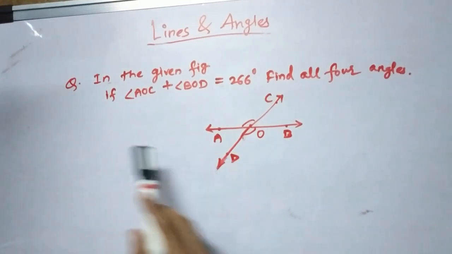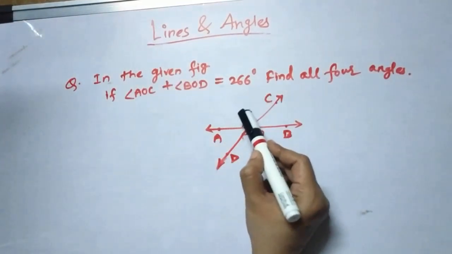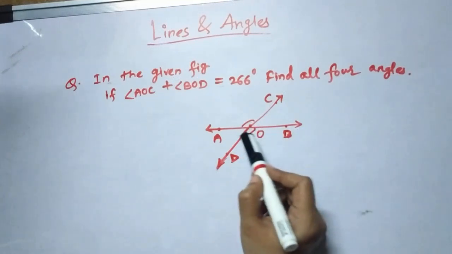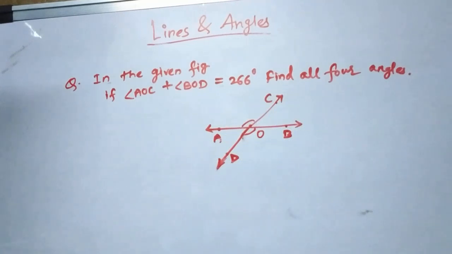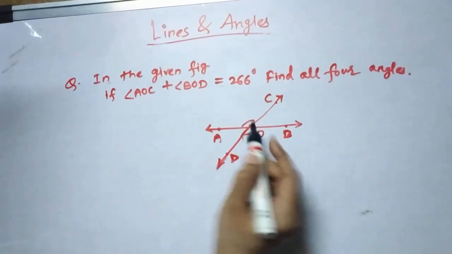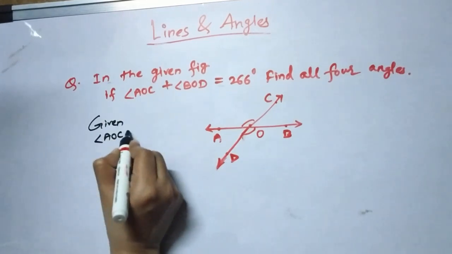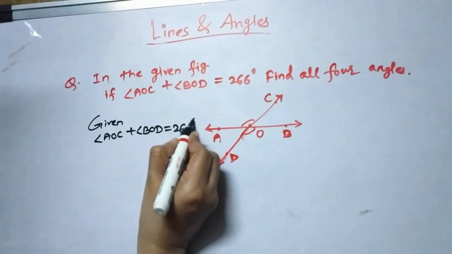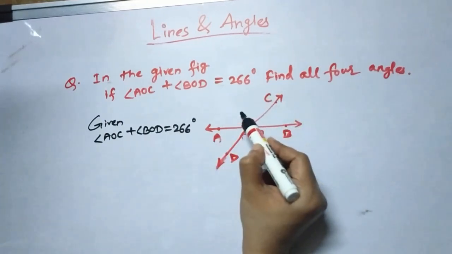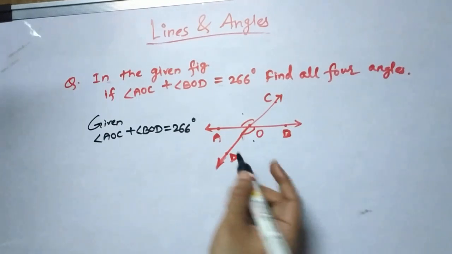So friends, now it is given that in the given figure, angle AOC plus angle BOD is 266 degrees. Find all the 4 angles. We know that given angle AOC plus angle BOD is equal to 266 degrees. And friends, if we notice this angle and this angle, they are vertically opposite angles.